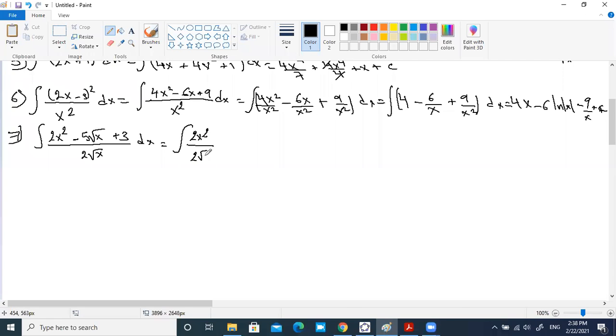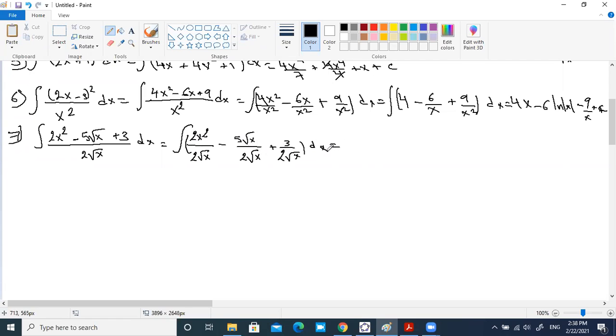Then minus 5 radical x over 2 radical x, the same thing. Then plus 3 over 2 radical x dx.